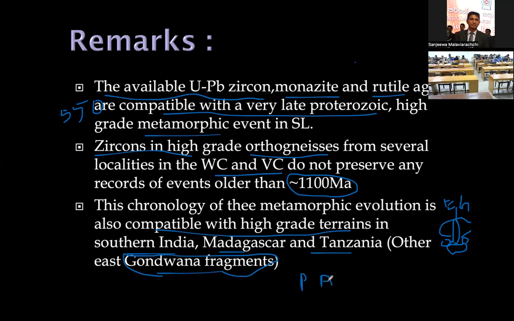That means the collision zones within the Gondwana terrain. This Pan-African orogeny means a mountain building process that is common to India, Madagascar, Tanzania, Antarctica, Mozambique, like these countries, and part of Australia also, Western Australia.